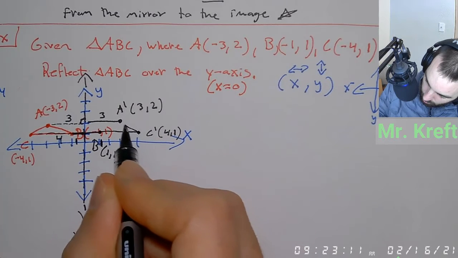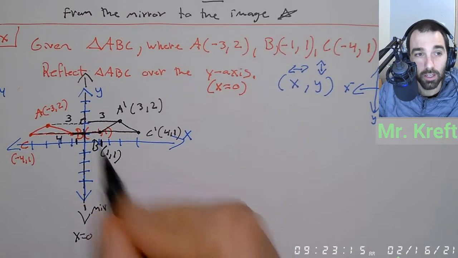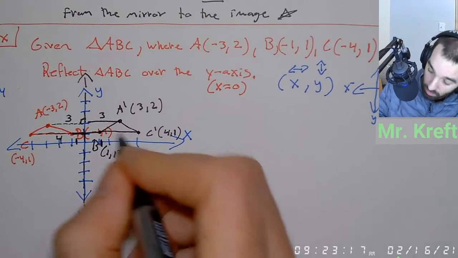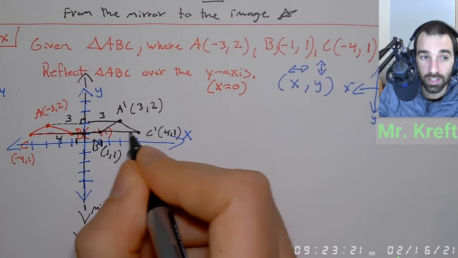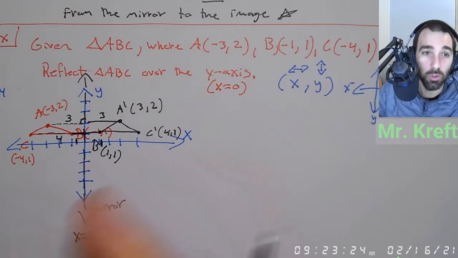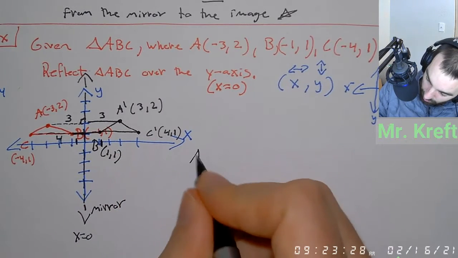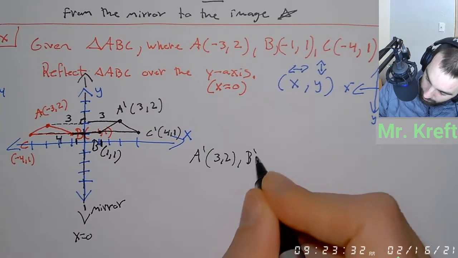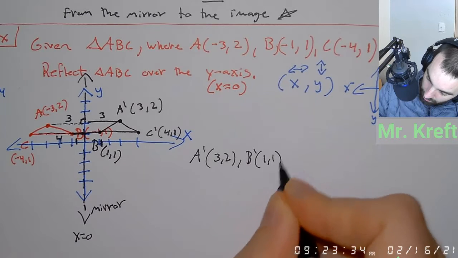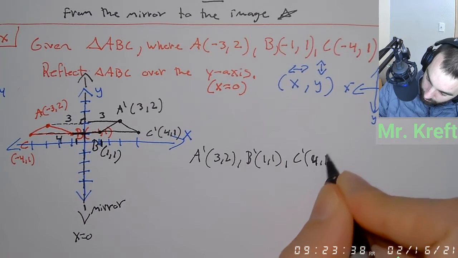Now, I used 2 different colors. If you're just using a pencil, you can make this a dashed line, so that you know which one's your image, but also label it as C prime. So my answers here: A prime is at 3, 2. B prime is at 1, 1. And C prime is at 4, 1.